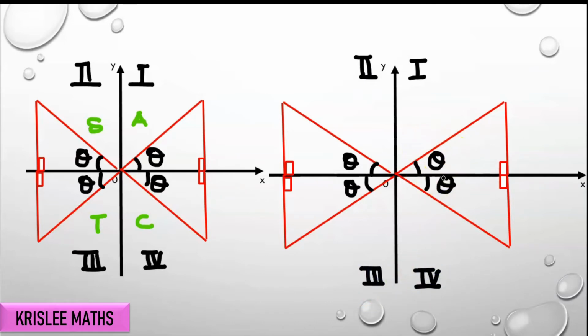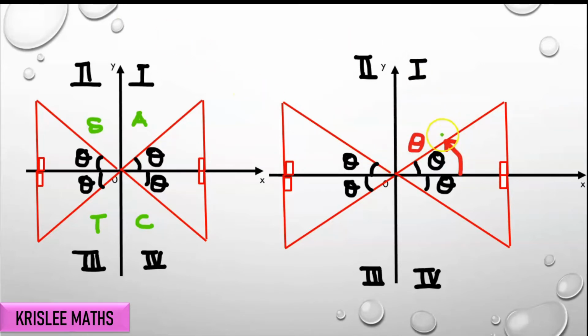Now here you have the acute angle, and you are going to find the size of the actual angle. In the first quadrant, you have to move from the positive x-axis until you reach the radius. So in the first quadrant, the size of the angle is theta.